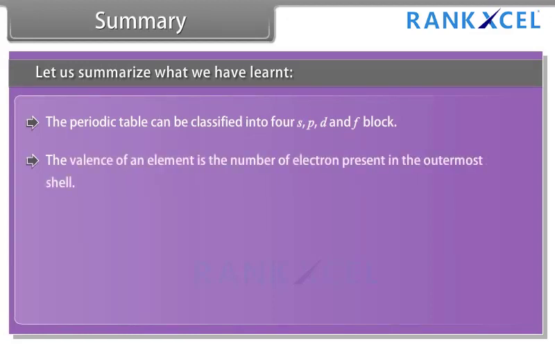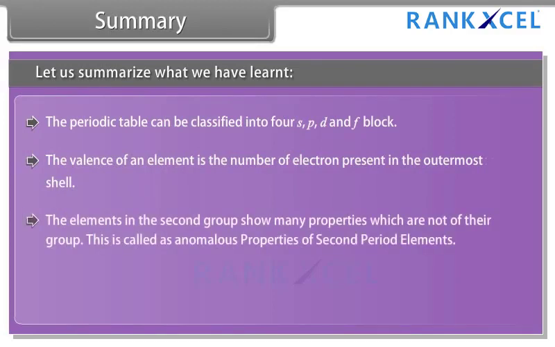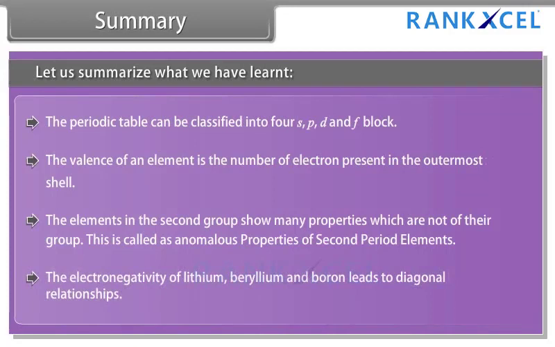The valency of an element is the number of electrons present in the outermost shell. The elements in the second period show many properties which are not found in their group. This is called anomalous properties of second period elements. The electronegativity of lithium, beryllium, and boron leads to diagonal relationships.